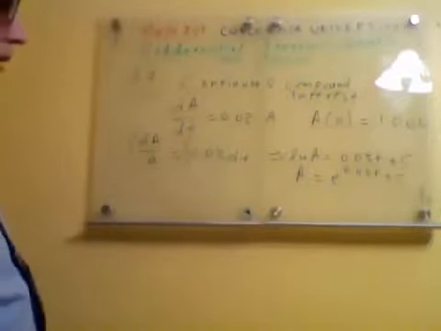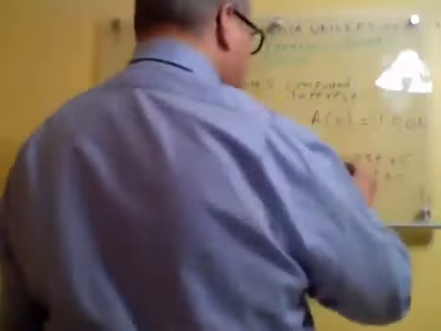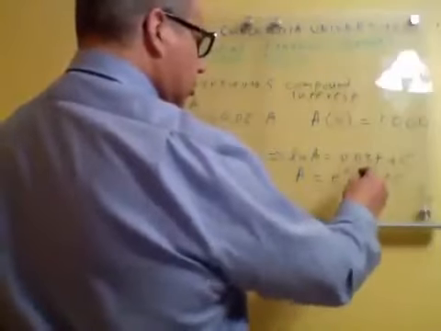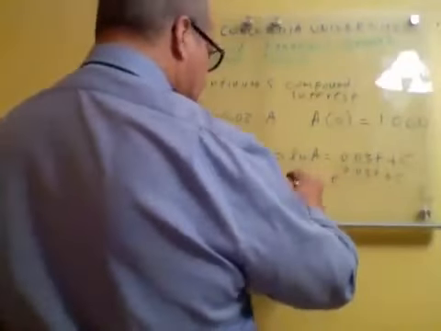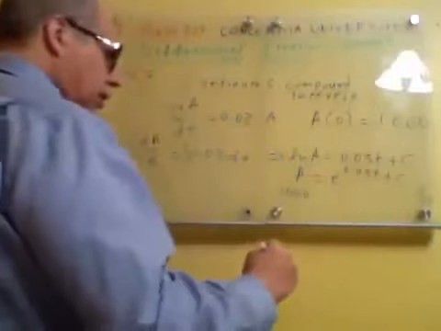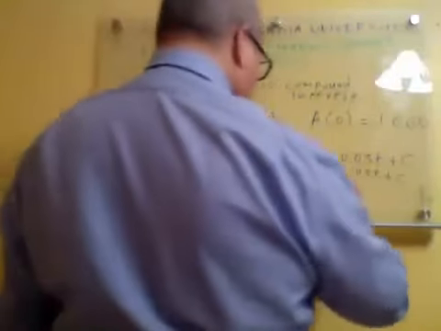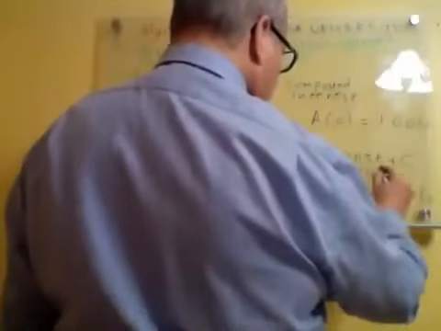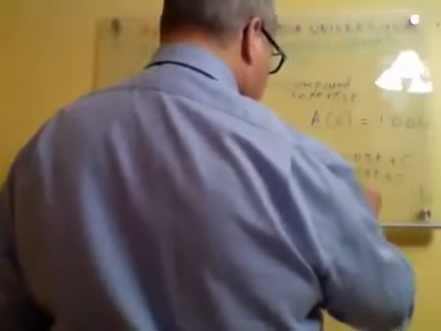And now if you apply the initial condition, we know that t is equal with 0, the A is 1000, so that means that 1000 is equal with e to the c.